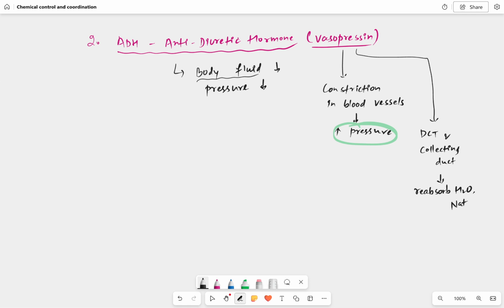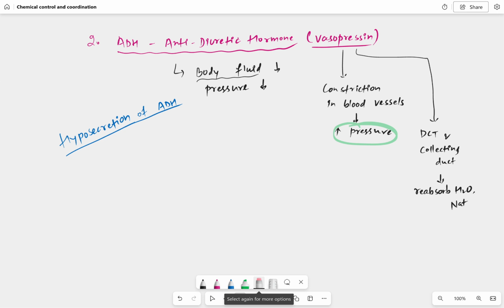Let's say in the case of hyposecretion of ADH, that is less amount of ADH in blood. First thing is that it will not cause the blood pressure to be normal.